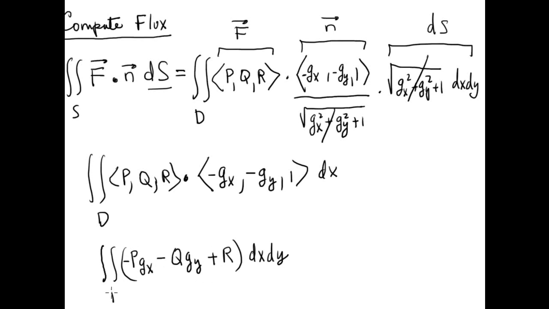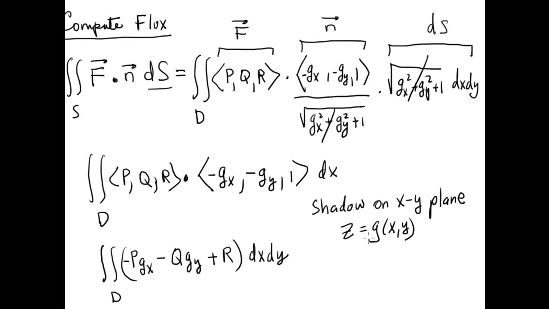And the region D, I forgot to say, is the shadow on the xy plane of the function z equals g of x comma y. Okay, this is the formula.